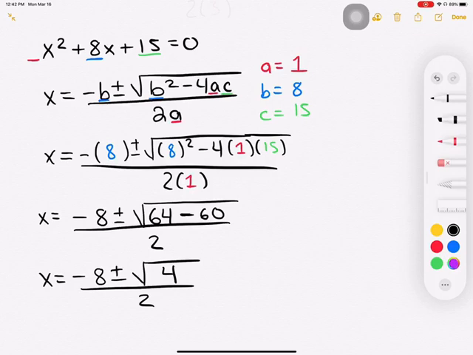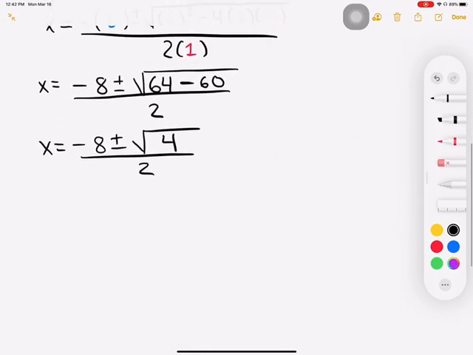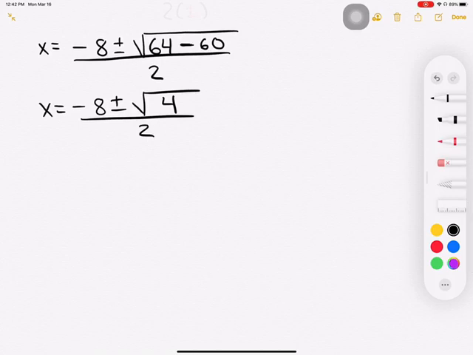As in PEMDAS, if we want to keep going in here, I'm going to scroll up a little bit, right? We have to do the operation inside the roots. So it's going to be x equals negative 8 plus minus 2. That is the result of the square root of 4, right? Square root of 4 is 2. And then you're dividing by 2.